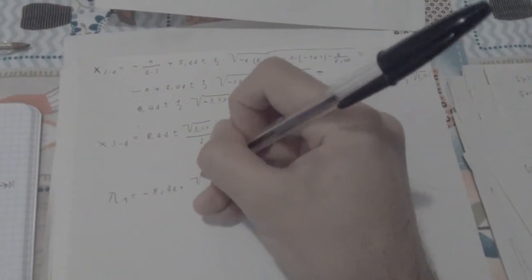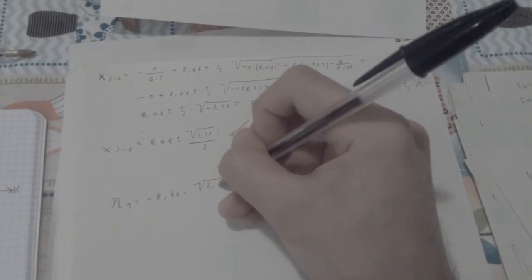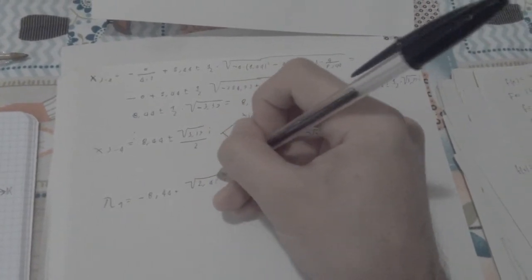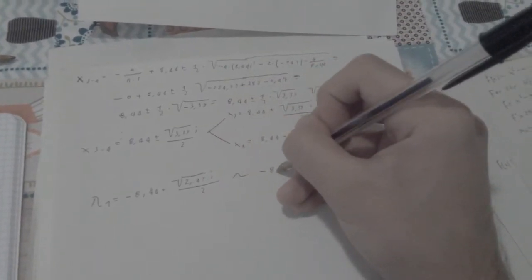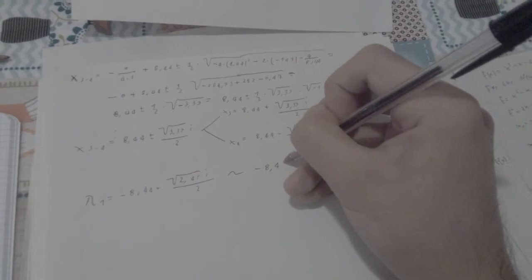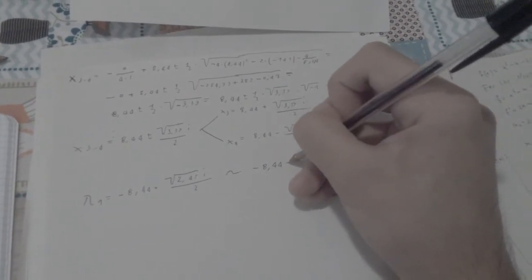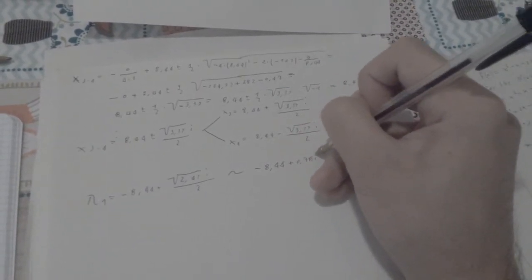So a quick recap: if we write, we get lambda 1 as our first eigenvalue as 8.44 plus the square root of 2.45 i everything over 2, which is pretty much roughly 8.44 plus 0.78i.